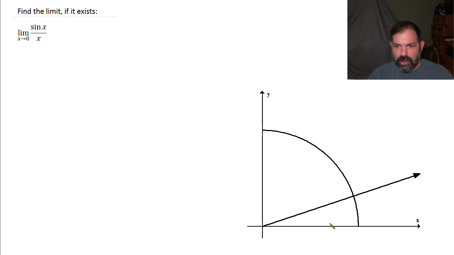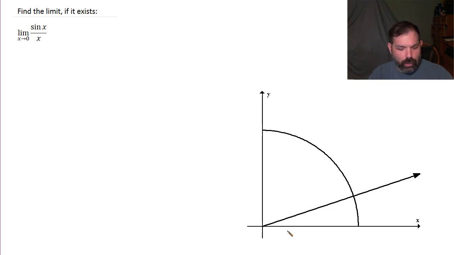Listen, I didn't think of this. I've learned this along my path in mathematics. Would I have been able to figure this out on my own? I don't think so. But once I saw it, I said, hey, this is pretty neat. And it's an interesting way to approach this exercise.